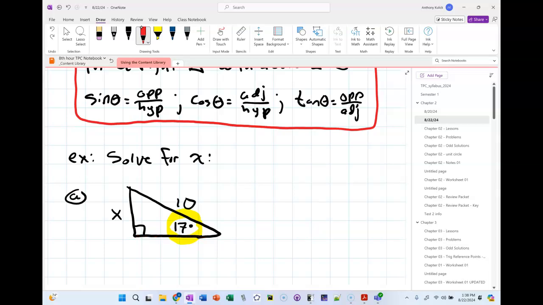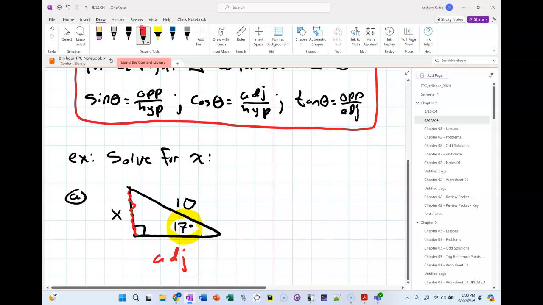Adjacent is correct. Which one is that side? Opposite. Remember, the hypotenuse is always the longest side. And then the longest side, always hypotenuse, right?